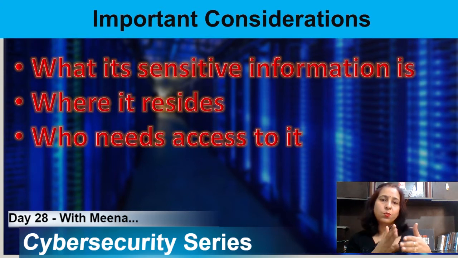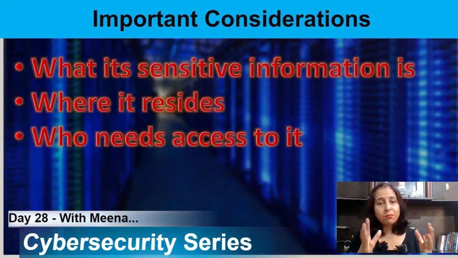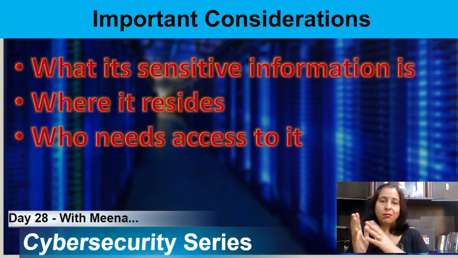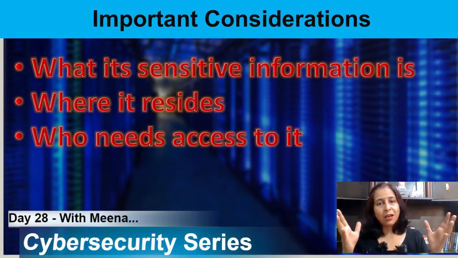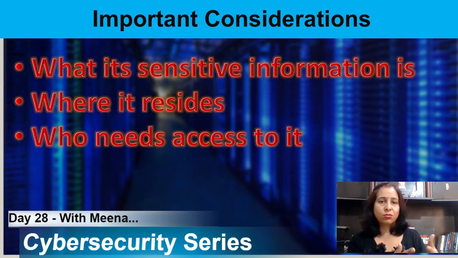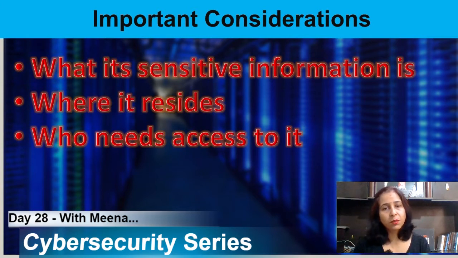So who is responsible or who needs to access it? We need to give authority to that person. So if something happens, that person can take responsibility: yes, I had access to it, I copied that data, or I left some open space for breaches. So who can access it should also be considered.